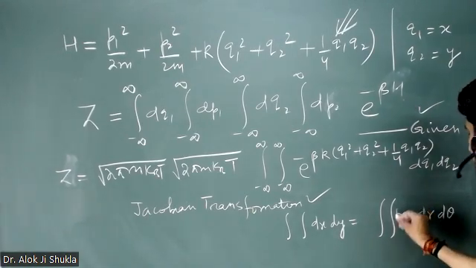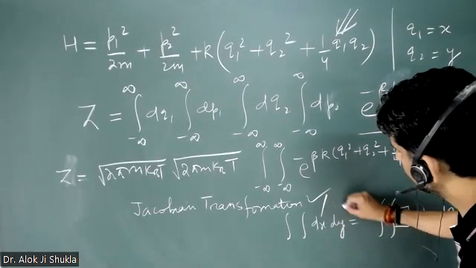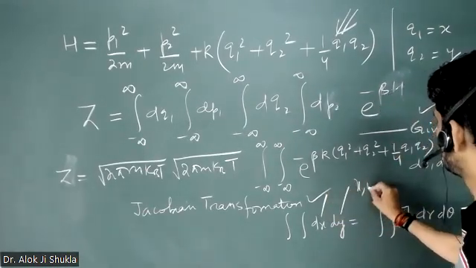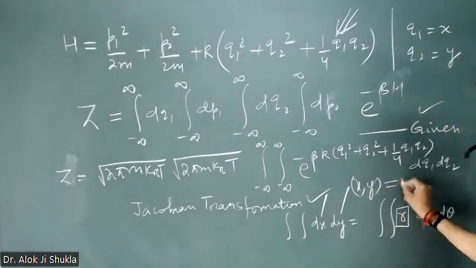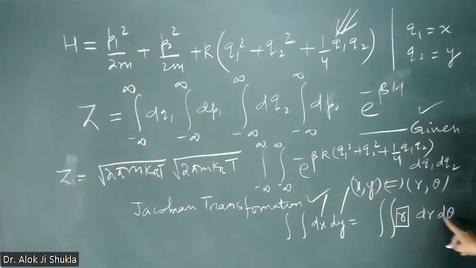This is Jacobian. This multiplier is Jacobian because x comma y is transformed into r comma theta. So dx dy is replaced by dr d theta.